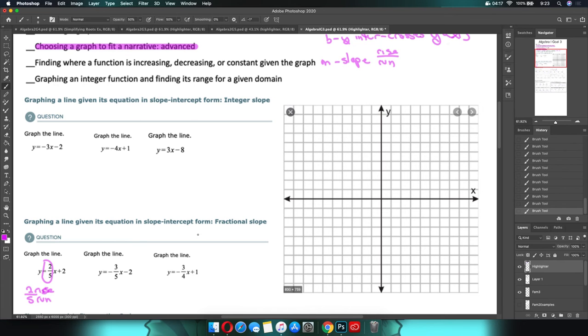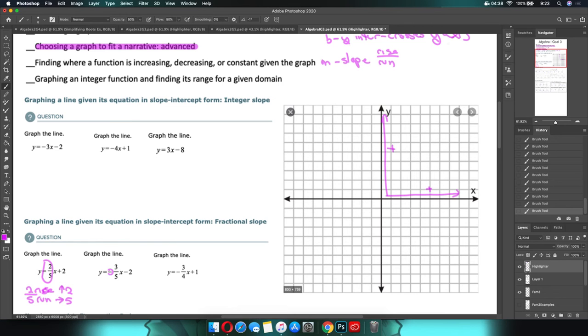What does this mean? Well, going in the positive direction is to go right. Going in the positive direction is to go up. So since this is +2, I'm going up 2, and then my run is I'm going over 5.